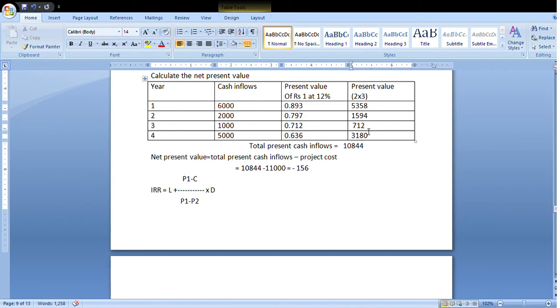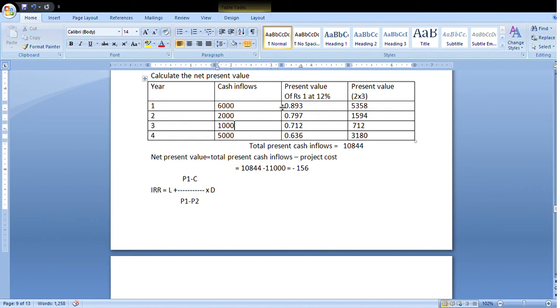This amount, the total present cash inflows, is 10,844. Next, net present value is equal to total present cash inflows minus project cost: 10,844 minus project cost, given in the problem.